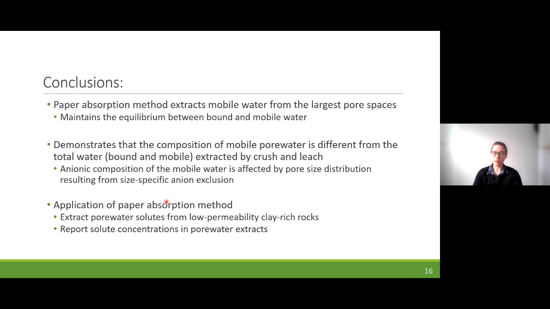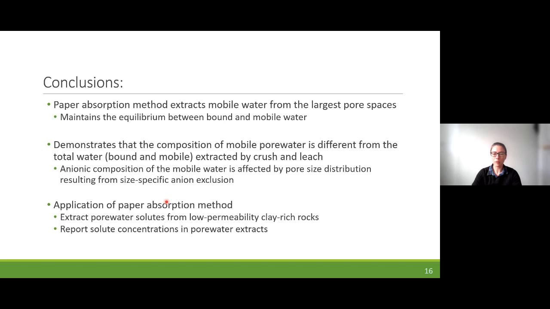Additionally, that the anionic composition in the mobile water is affected by pore size distribution. So we can get fractionation of larger anions in the larger pore spaces, and this is caused by size-specific anion exclusion effects. And these are much more obvious where we have small pore throat diameters.